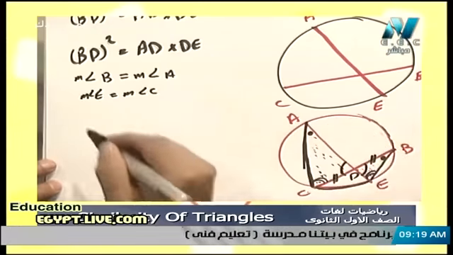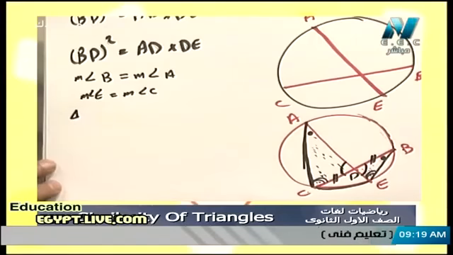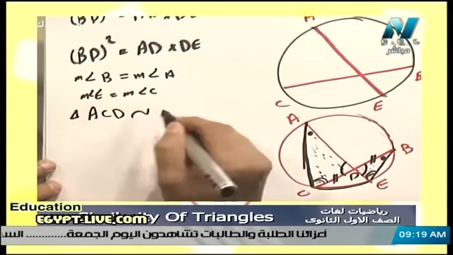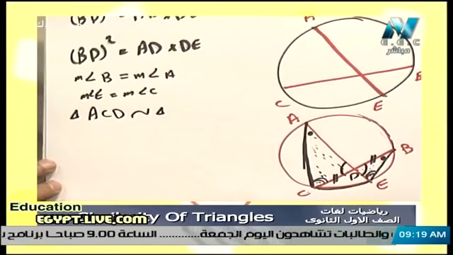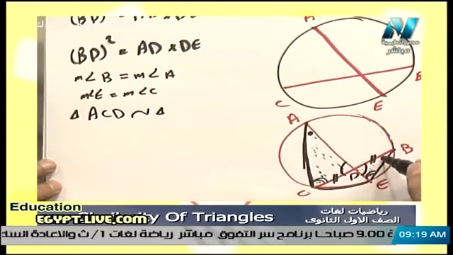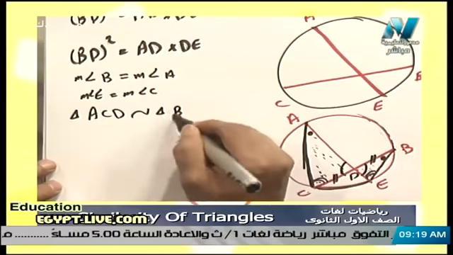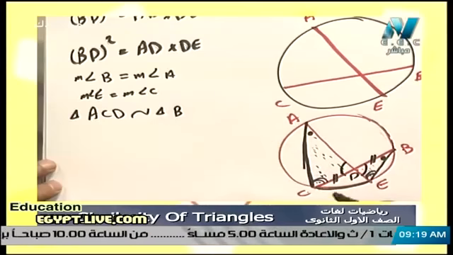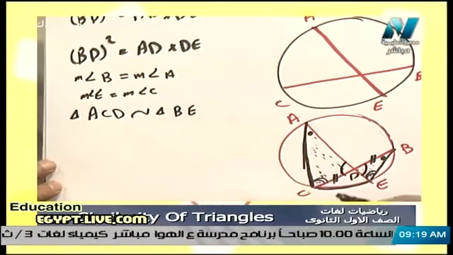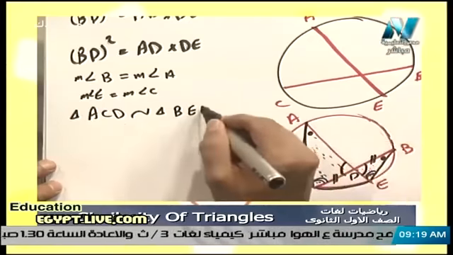So we can say that the triangle ACD is similar to triangle BED. We say A first, so we can say B first here because they are corresponding. The angle C is corresponding to E. The angle D corresponding to itself.